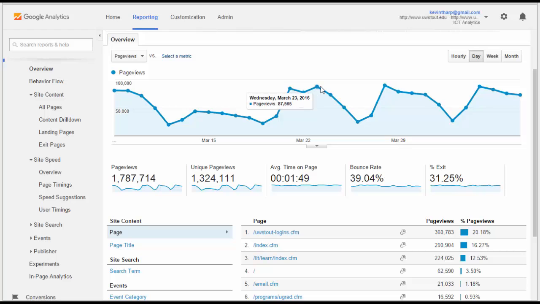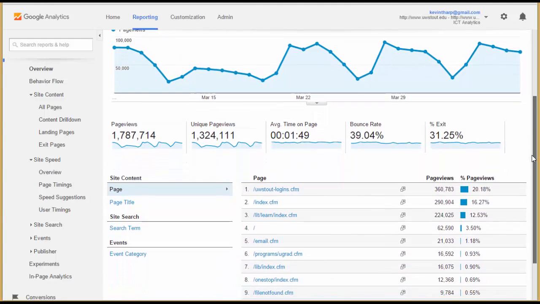That accounts for that spike there. It's not a huge spike, but there's more traffic on that day than normal. If you looked at the rest of the year, it's pretty normal. So these 2 weeks are anomalies. That's one of the things that looking at this report can show you.